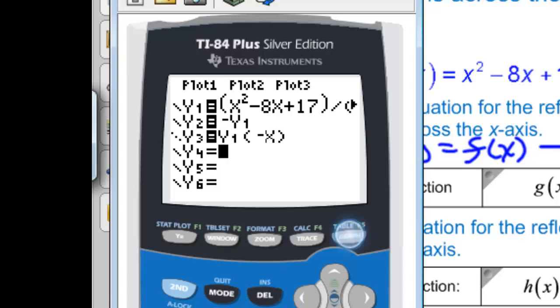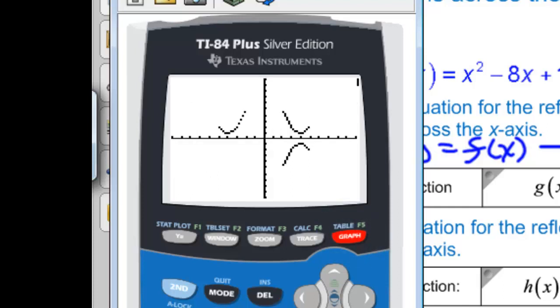And if we look at the graph, we can see that the y value I got from 2 is now the y value I get at negative 2. And the y value I get at 3 is now the y value I get at negative 3.